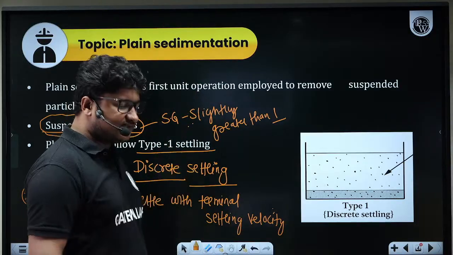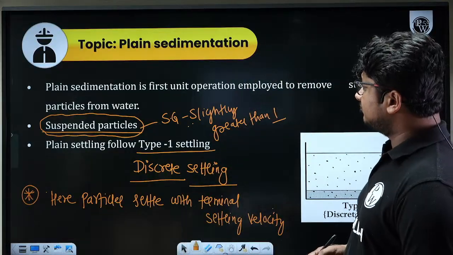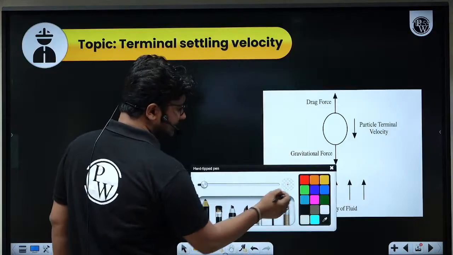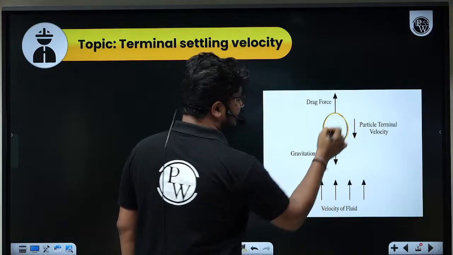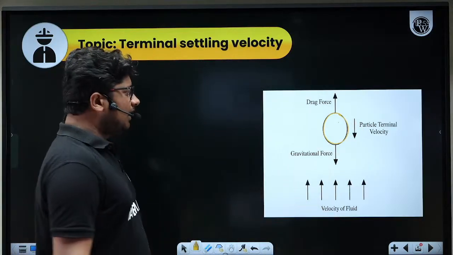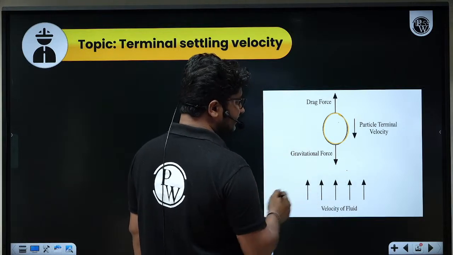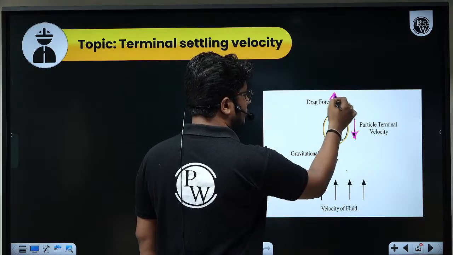What this term tells you is that any particle, like this particle, is experiencing three forces. It is going down, so the obvious thing is that the drag force will be upward.